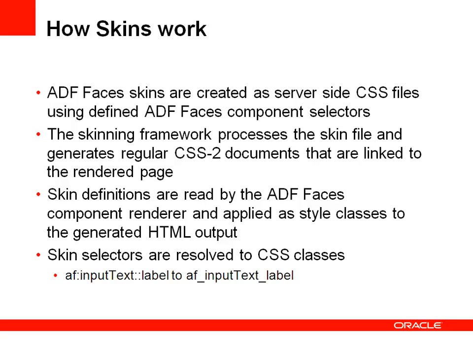On the last line on this slide, what you see is a skin selector called AF: input text label. Now, this skin selector skins the label portion of an input text field. Next to it, you see the generated uncompressed style class name, AF input text label.